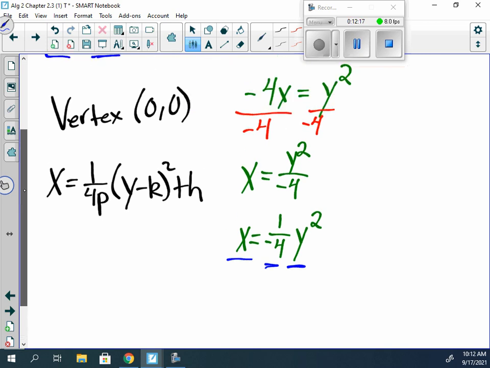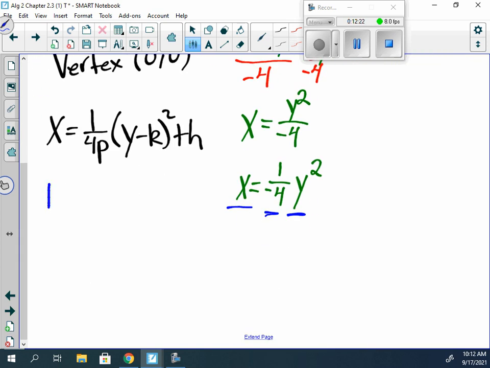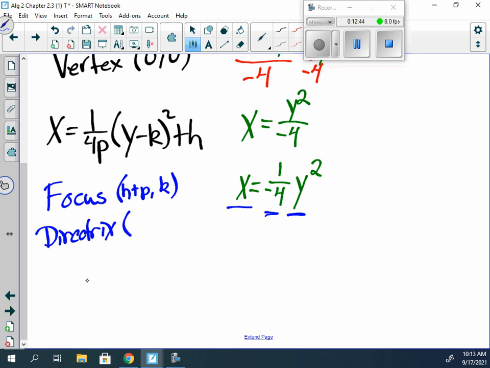Okay, so let's see what it's wanting. It's wanting focus, directrix, and axis of symmetry. Focus: the focus for this equation, x equals, is h plus p, comma, k. Directrix is y equals h minus p.